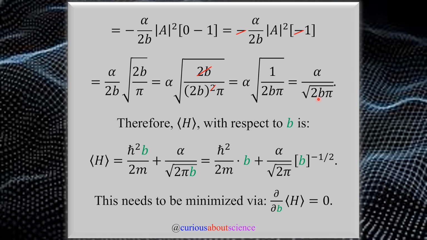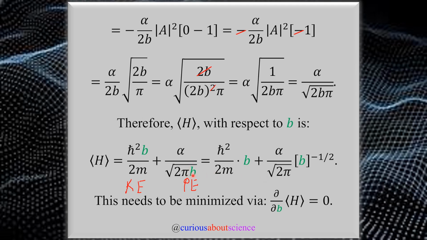Okay, so if we want to write this in terms of the total Hamiltonian, which is what we need to write with respect to b, because that is the variational parameter, we see that we have the kinetic energy term here and the potential energy term here. And then we can rewrite this algebraically, where we highlight b's dependence in each of these forms.